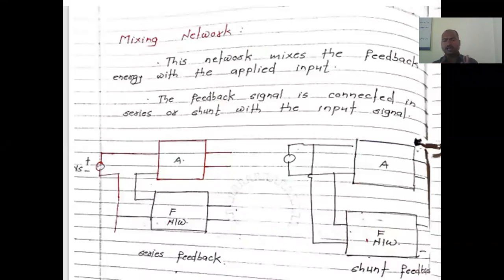Consider that we have applied the input, and accordingly output is generated. That output is again applied to the feedback network, which is connected to the input part either in series or in parallel. There are two types of mixing network, that is the series feedback network or the shunt feedback network, right?